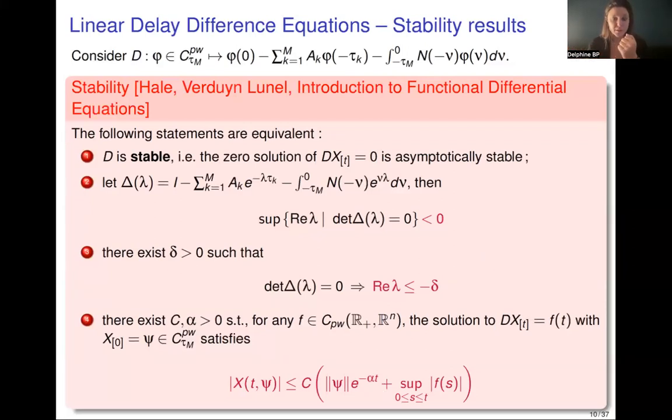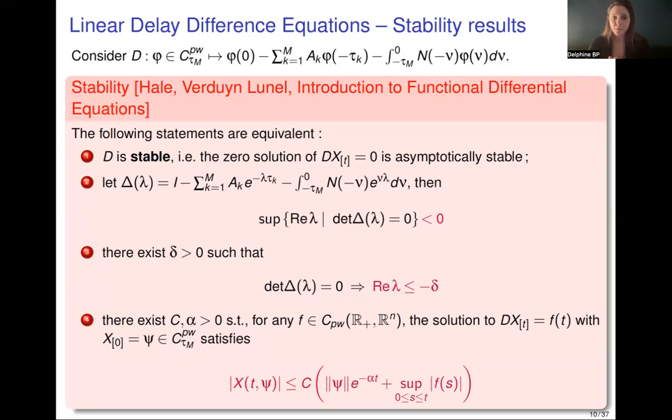So this means that according to this result, the asymptotic stability of the zero solution is equivalent to the input-to-state stability of the system.